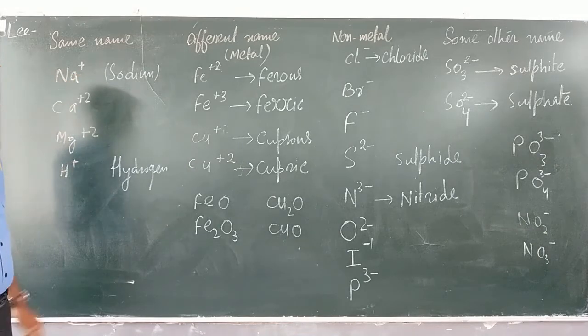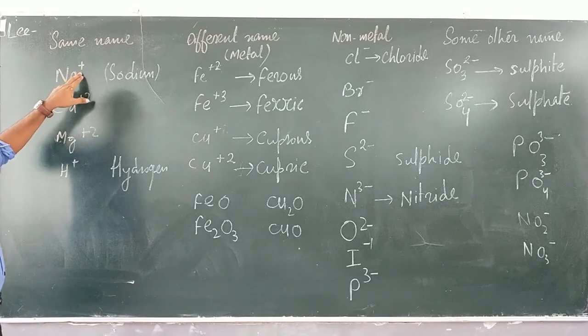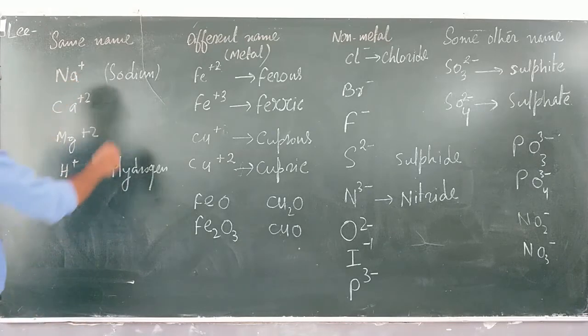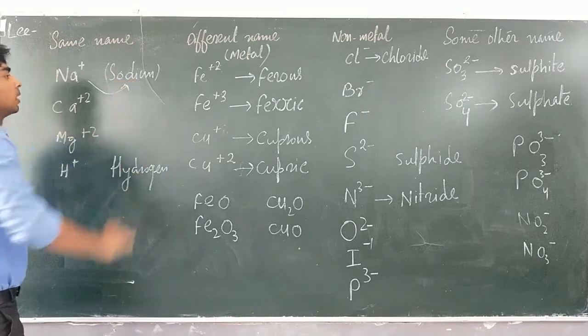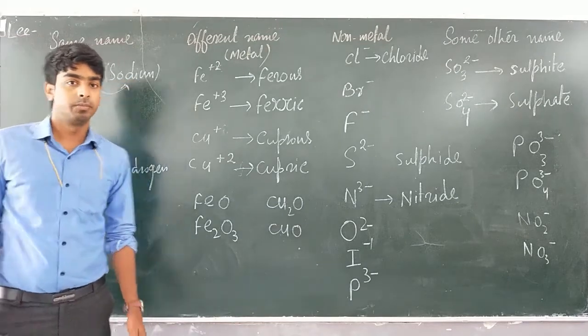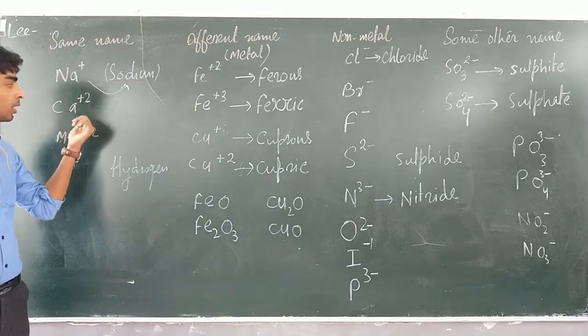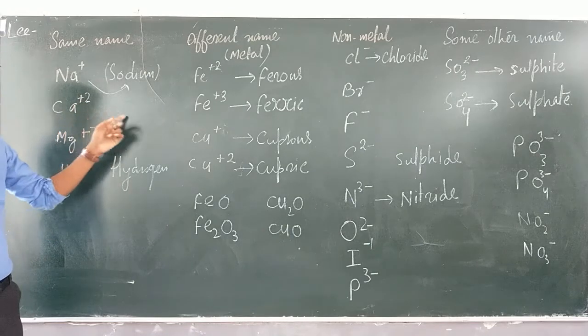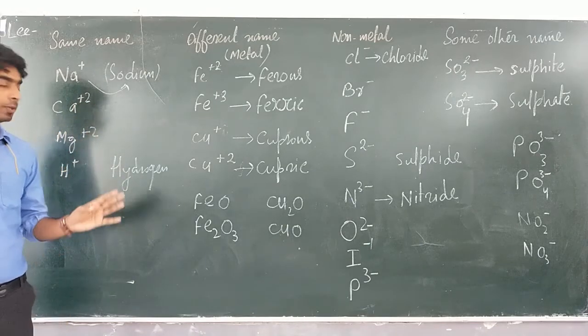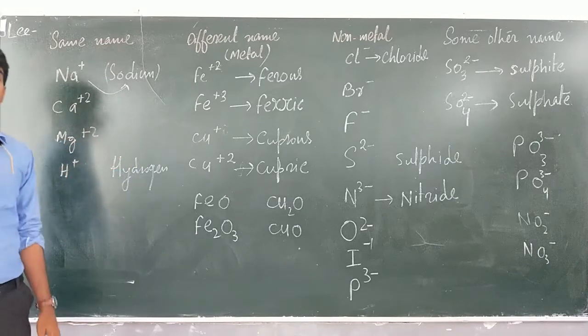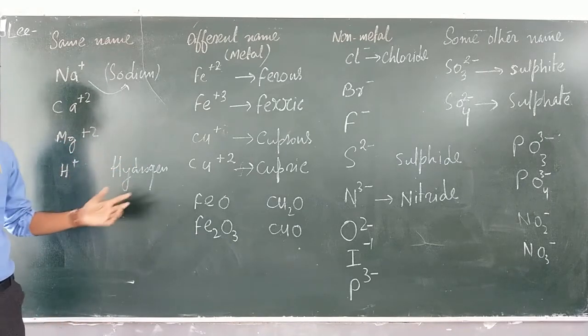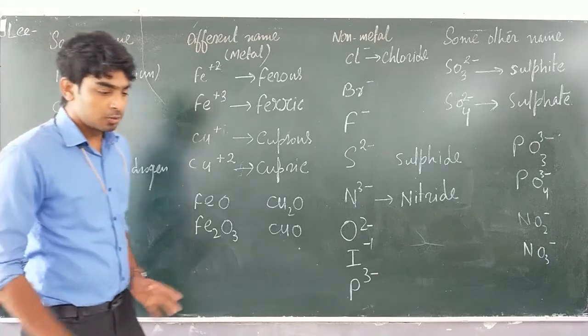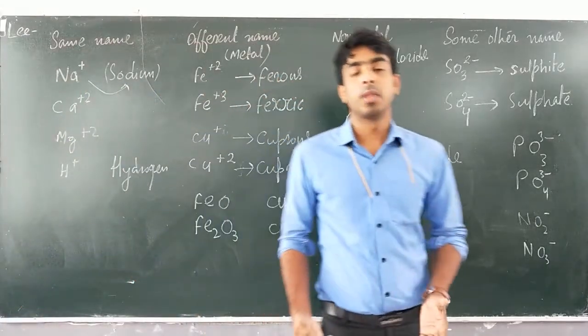Mono electropositive radical, okay, sodium, and the name of this radical is exactly the same as the element name, sodium. Similarly, calcium having two, that means dielectropositive, also has the same name as calcium. In the same way magnesium, hydrogen and many more. So the name actually remains the same.